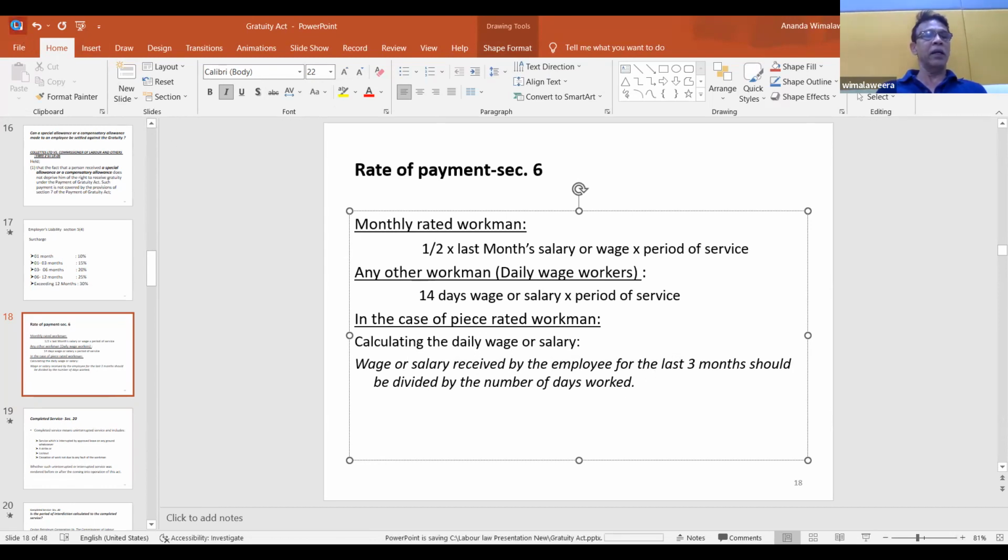Then you will get the average daily wage.